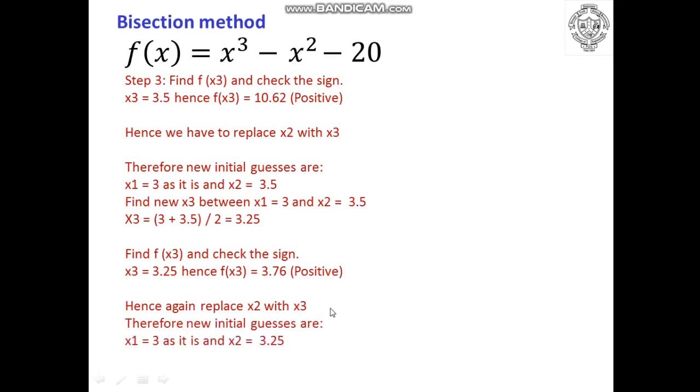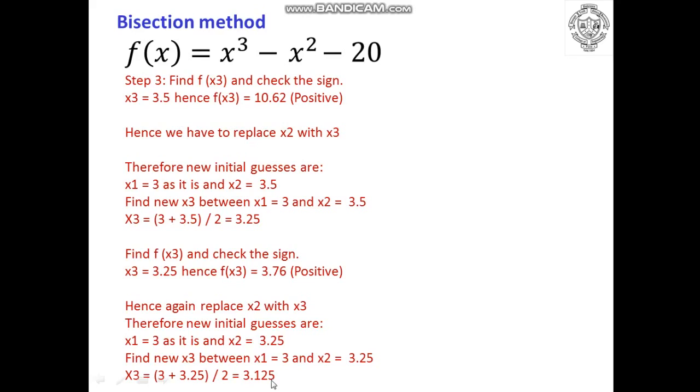Therefore the new initial guesses are x1, kept as 3 as it is, and x2 replaced by 3.25. To find the next approximated root x3 between these, we employ the formula x3 is equal to 3 plus 3.25 divided by 2, equal to 3.125.